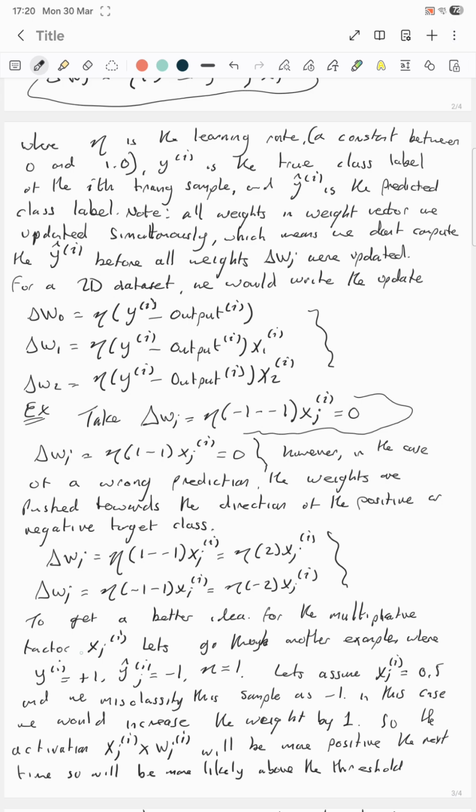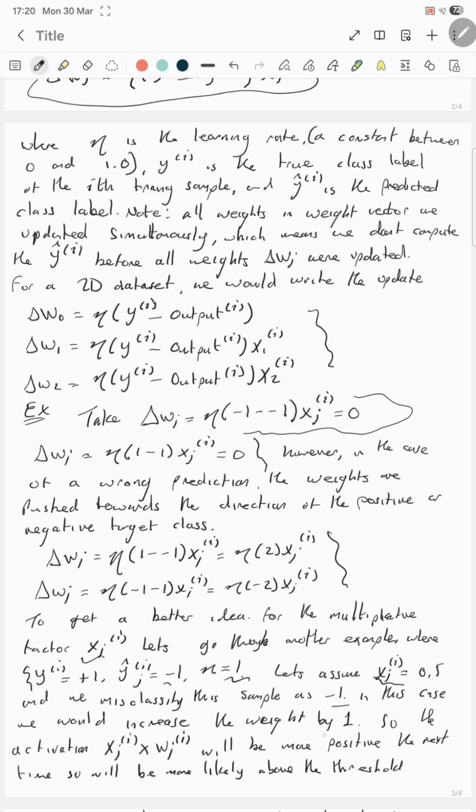Now, to get a better idea for the multiplicative factor xj of i, let's go through another example where y of i equals +1, and y hat of i equals -1, and eta equals 1. And let's assume that xj of i equals 0.5. And we misclassify the sample as -1 in this case.